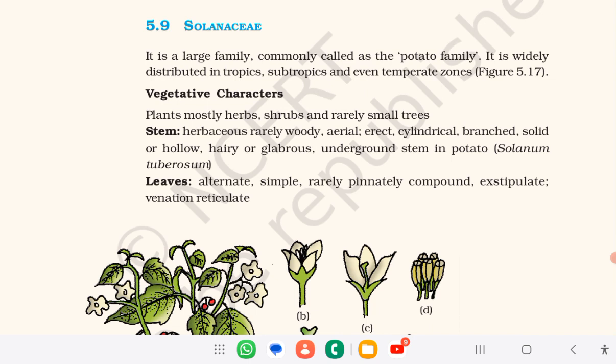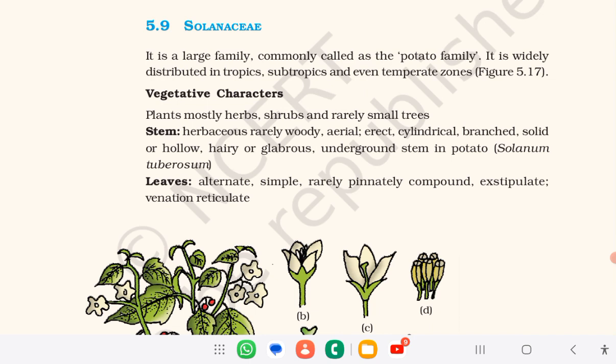Solanaceae. It is a large family commonly known as the potato family. It is widely distributed in tropics, subtropics, and even temperate zones. Vegetative characters: plants mostly herbs, shrubs, and rarely small trees.